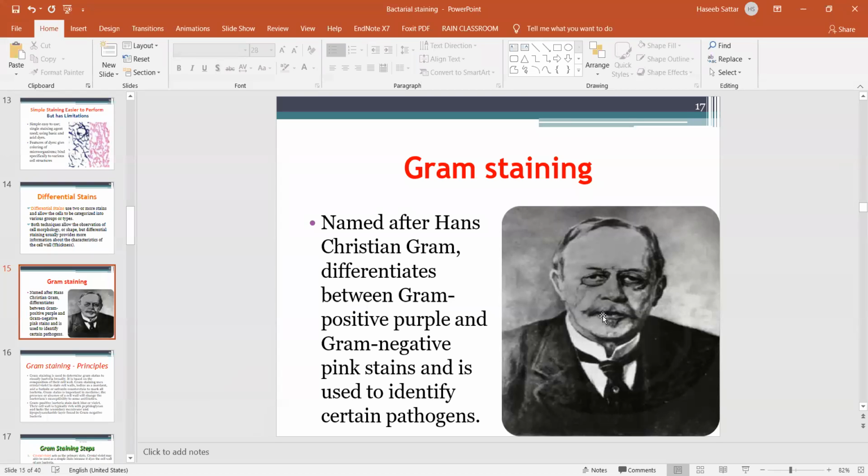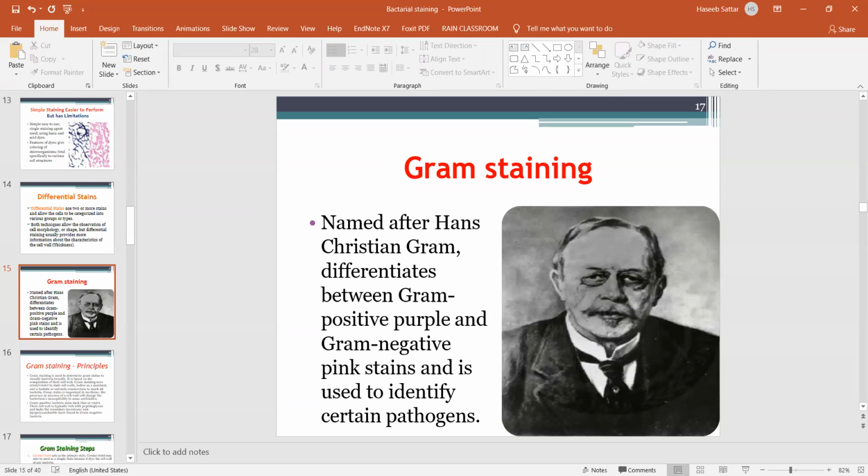He was the first microbiologist who actually differentiated and classified bacteria according to their staining. And nowadays in clinical medicine, we follow this gram staining.